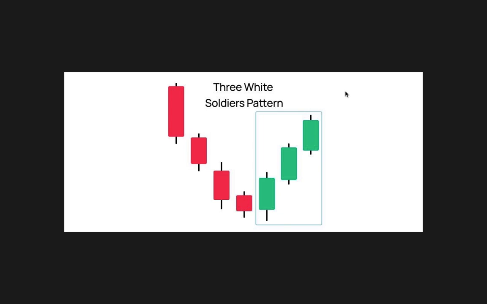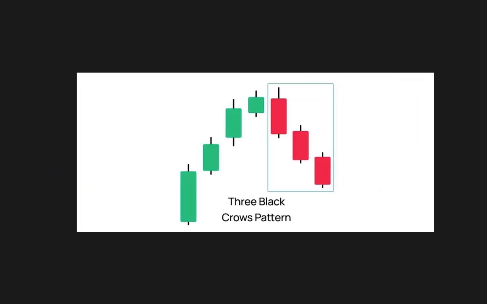Firstly, the sellers are in the market, they start selling. Then buyers kick in, they start buying. So yeah, that is the explanation of the three white soldiers candlestick pattern.